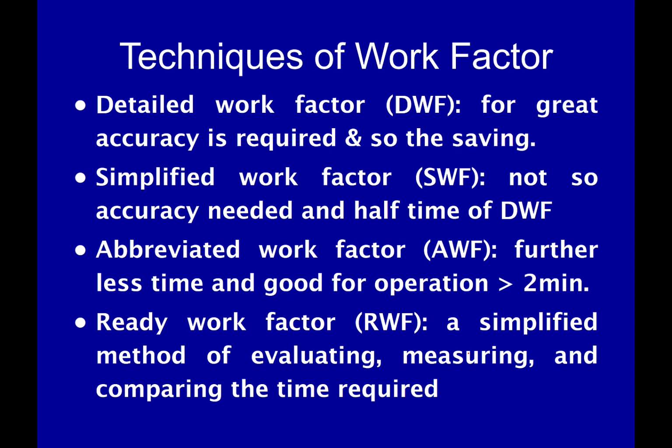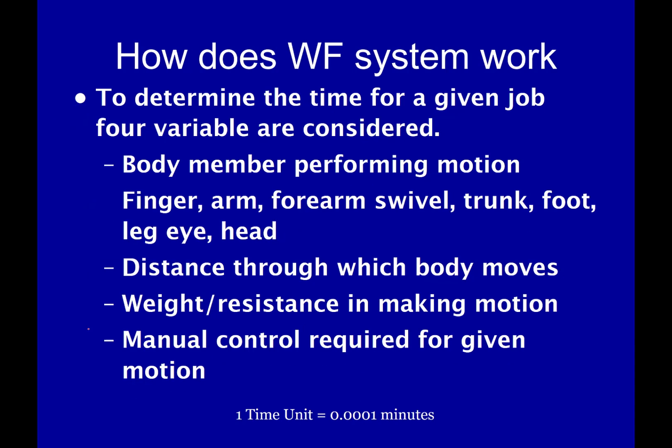I have already mentioned detailed work factor, simplified work factor, abbreviated work factor, and ready work factor. How does it work? As I have explained, to determine the time for a given job, 4 variables are considered for the analysis. The body member involved in performing the job, like the fingers, arm, forearm, trunk, foot, leg, eyes, or head.